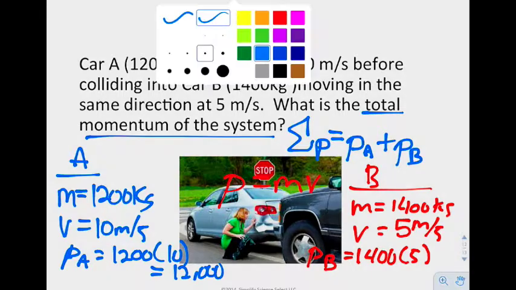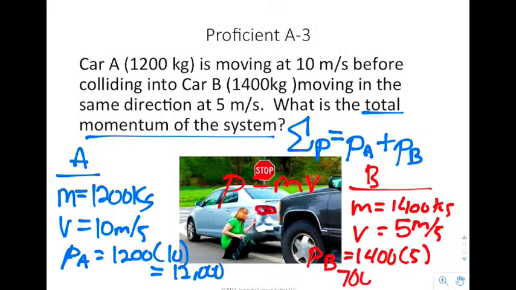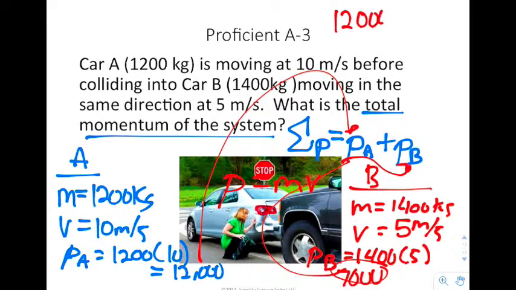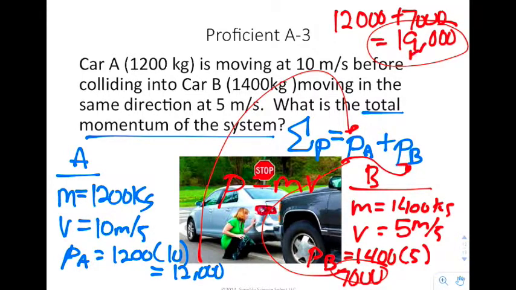Now I can take these values and add them together. So you would say 12,000 plus 7,000 equals a total momentum of 19,000 kilogram meters per second, and I'm going to call it left just because it looks like it's left to me according to the original picture.